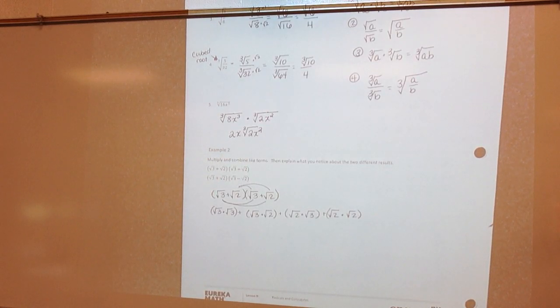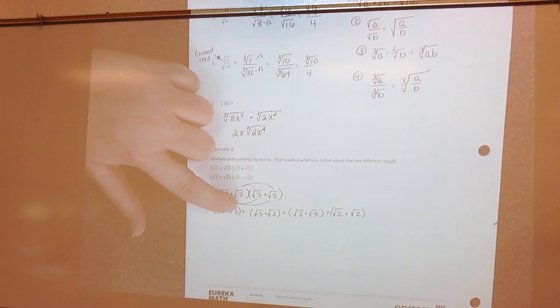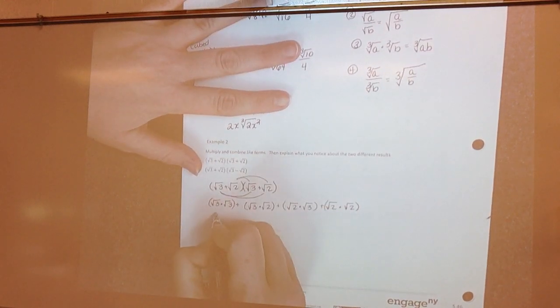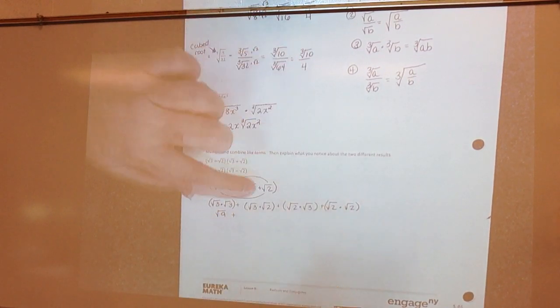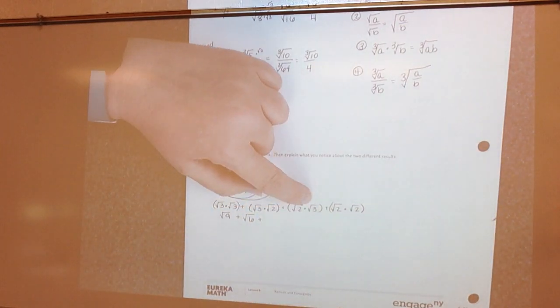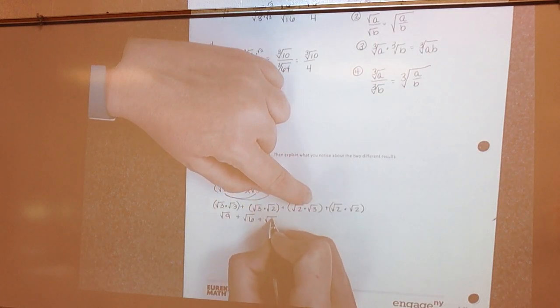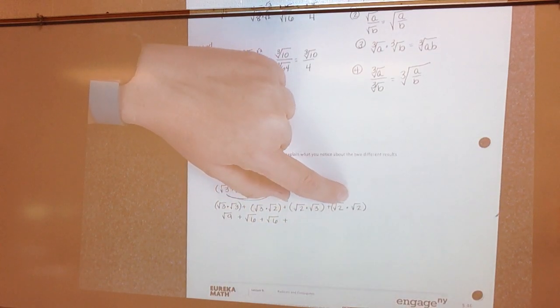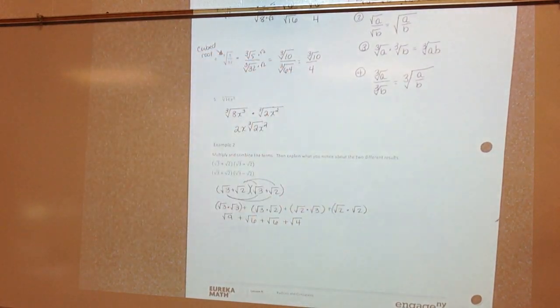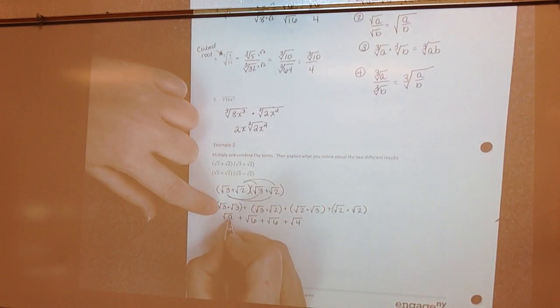The square root of 3 times the square root of 3 is the square root of 9. Plus the square root of 3 times the square root of 2 is the square root of 6. Plus the square root of 2 times the square root of 3 is the square root of 6. Plus the square root of 2 times the square root of 2 is the square root of 4. Let's see what we can combine. The square root of 9 is 3.